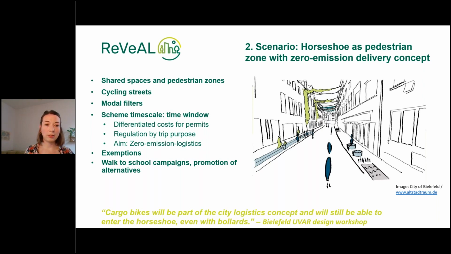As you can see in the citation down below, Bielefeld is aiming for zero emission logistics and is already working on a logistics hub with cargo bike delivery. There would be exemptions, and also some of the complementary measures could be walk to school campaigns and the promotion of alternatives. We also have a school in the area, so children couldn't be driven to school by their parents.